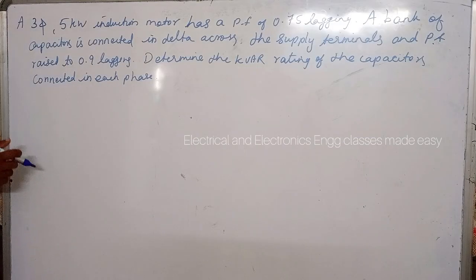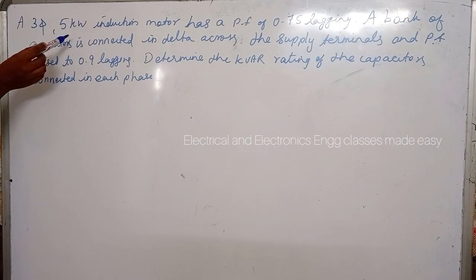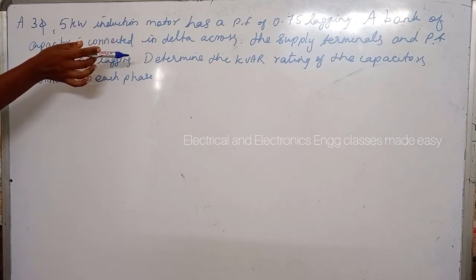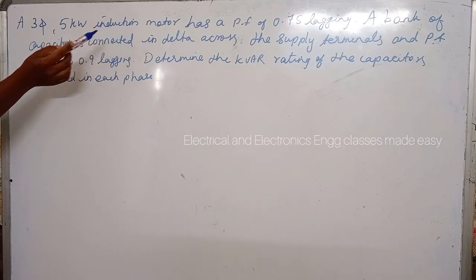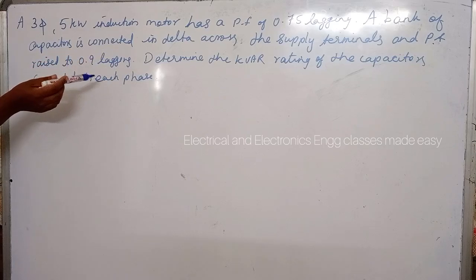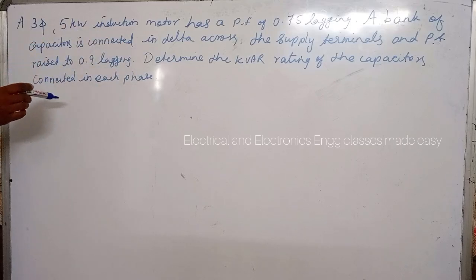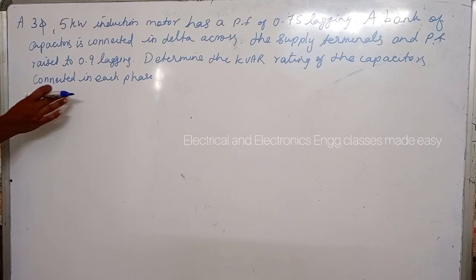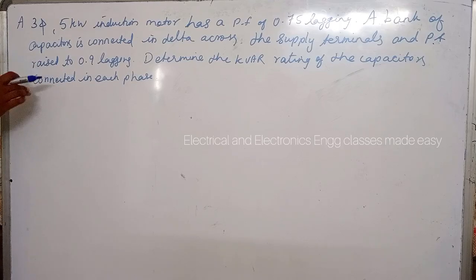Let us do another problem. A 3-phase 5 kW induction motor has a power factor of 0.75 lagging. A bank of capacitors is connected in delta across the supply terminals and power factor raised to 0.9 lagging. Determine the kVAR rating of the capacitors connected in each phase. So here we have to find the kVAR rating of the capacitors.